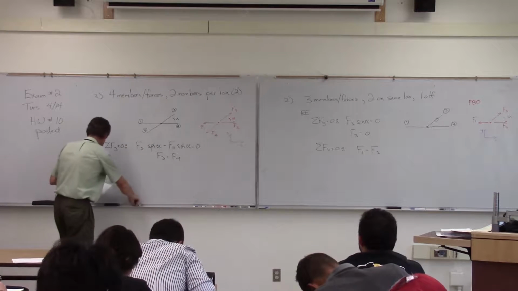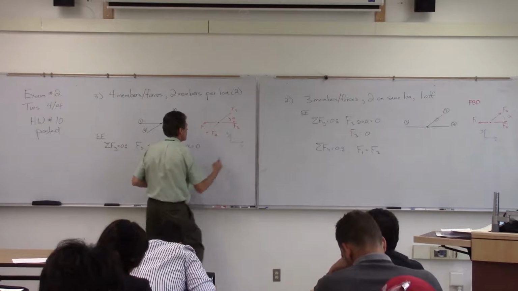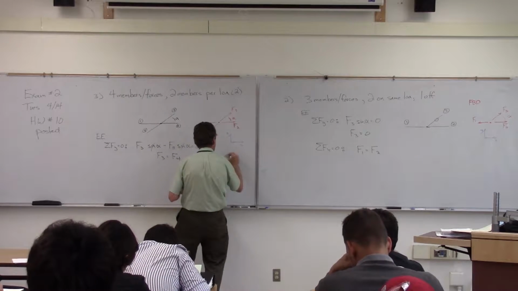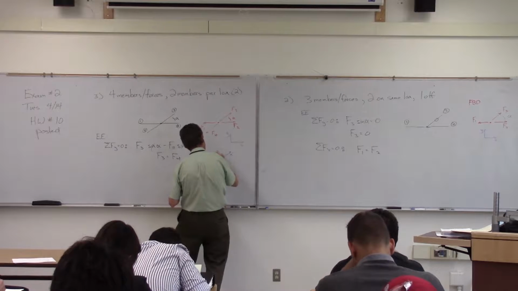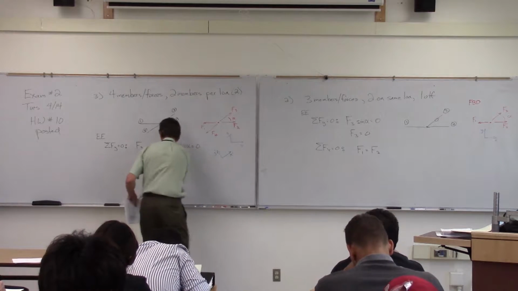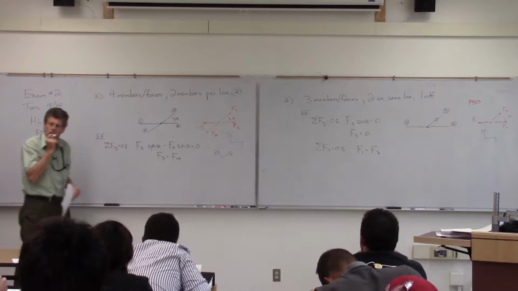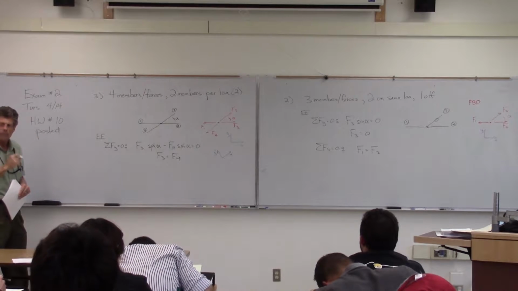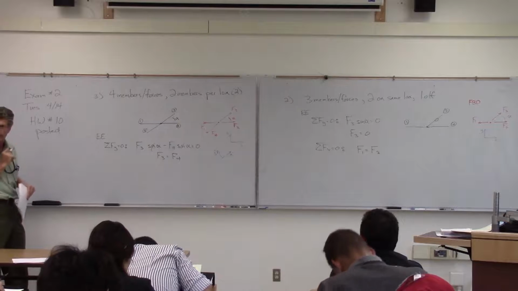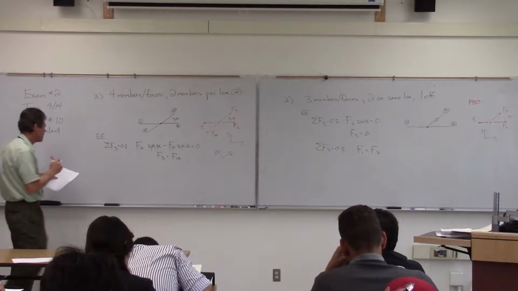And then the other thing we can do, I can set up yet another coordinate system such that my x prime, y prime, the x prime is parallel with the line of action of F3 and F4.